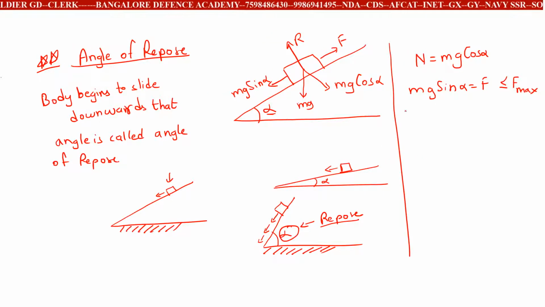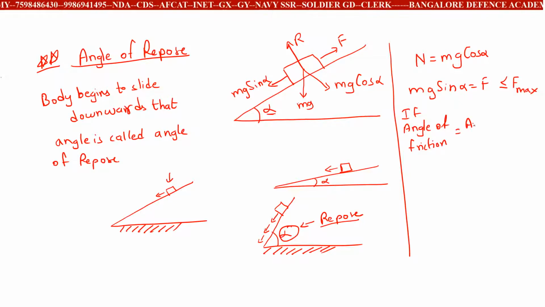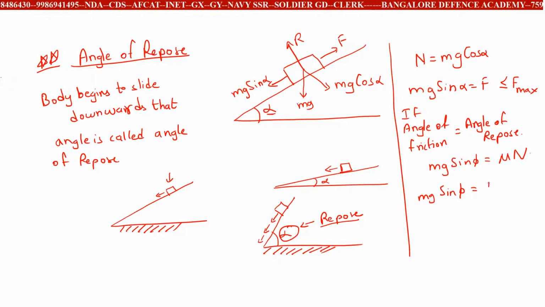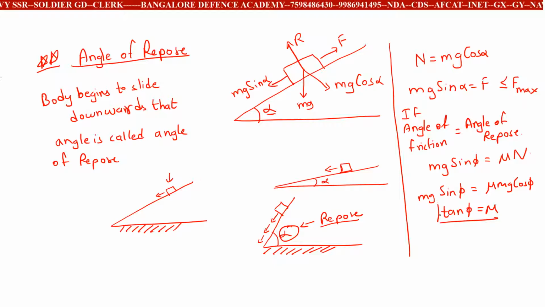What happens if the angle of friction is equal to the angle of repose? So here we take the condition mg sine alpha equals mu mg cos alpha, and finally we come across a formula. This is the formula to be used when it is in equilibrium.